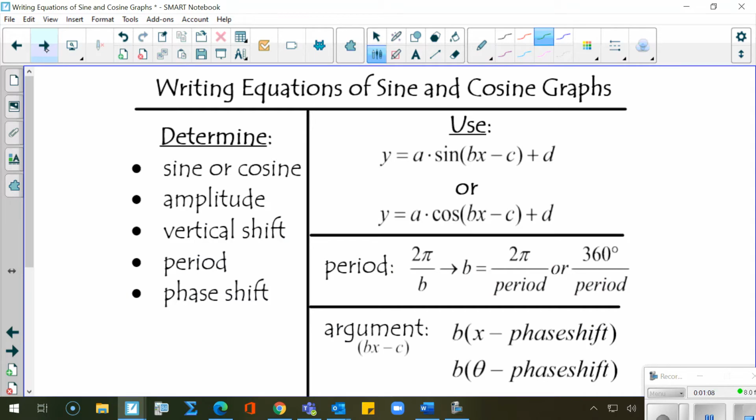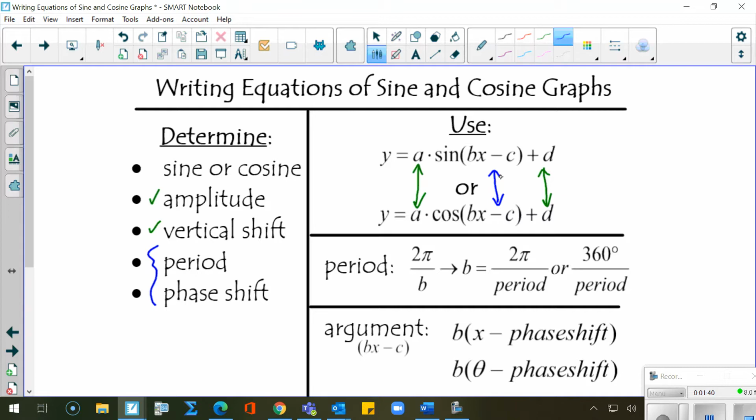And in order to write an equation, we first decide if it's a sine or a cosine, or sometimes we're told which to use. We need to find the amplitude. That's your leading coefficient. The vertical shift is the number added or subtracted at the end. And together, the period and phase shift go into the argument.